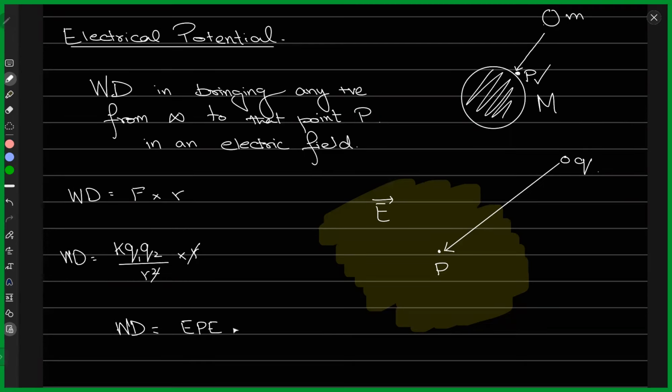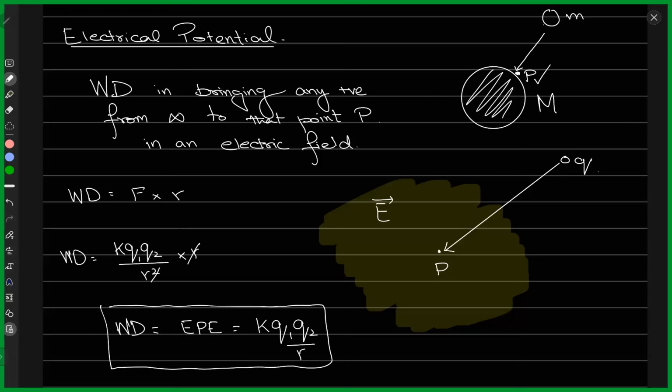I'll call it EPE, which is simply K Q1 Q2 by R. Now, this is the energy. This is the work done, the work that I have to do in bringing a test positive charge from infinity to any point inside the electric field.